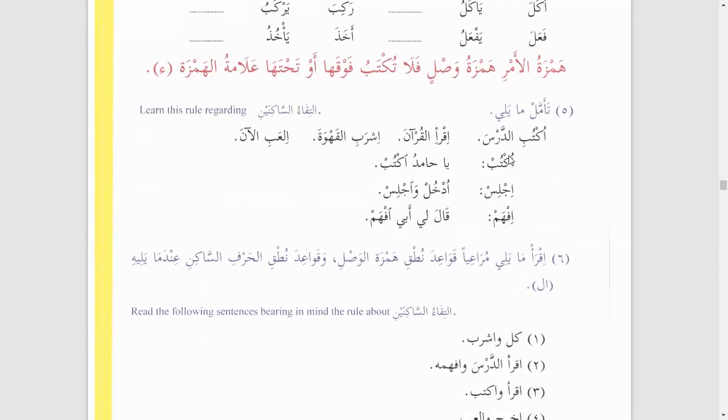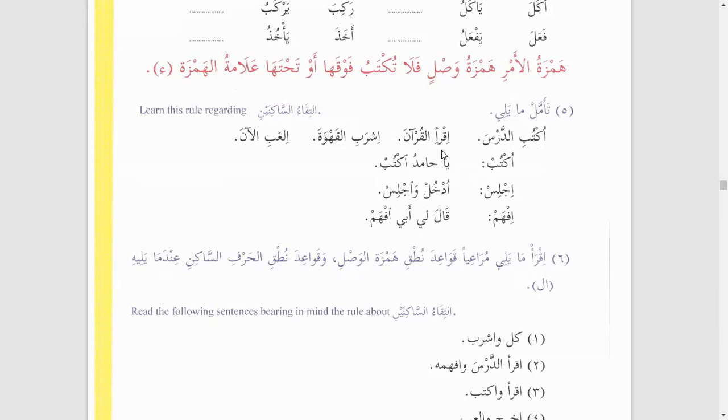Now what they want to tell us: when two sakins meet, we connect with kasra. We have discussed this many times. For example, uktub ad-darsa, ba is sakin, but when we connect it with al, then we connect it with kasra. So we say uktub ad-darsa. Similarly, iqra al-Qur'ana, and when we connect al with sakin, then we connect it with kasra.